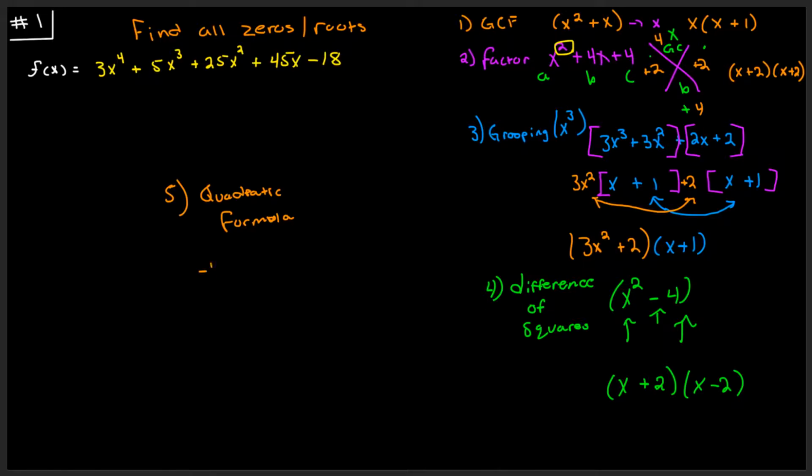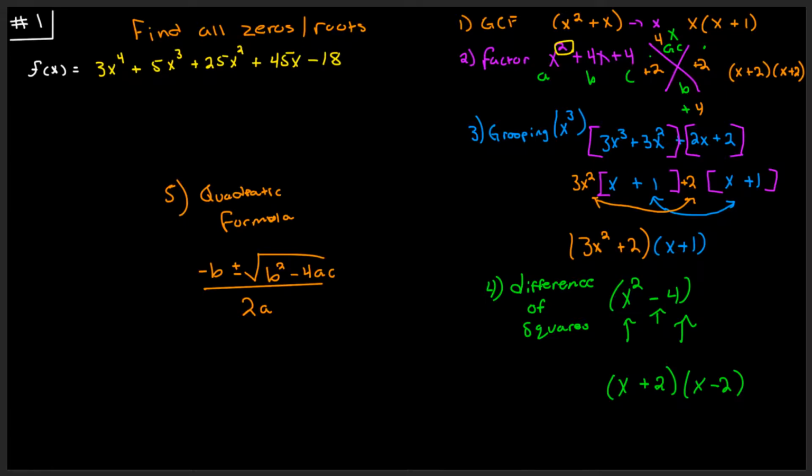And you're just going to have to remember the formula as being negative b plus or minus the square root of b squared. Sorry, it's not a parenthesis there. b squared minus 4 times a times c, all over 2a.